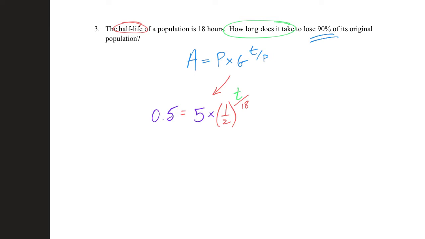Well, now you have a starting value, you have an accumulated value, you see that your variable is up in the exponent, we should be good to solve that. So everybody's first action should be to divide out the 5. Well, if you take 0.5 and divide it by 5, that would be the same as 5 over 50, or the same as 1/2 over 5, 1/10.